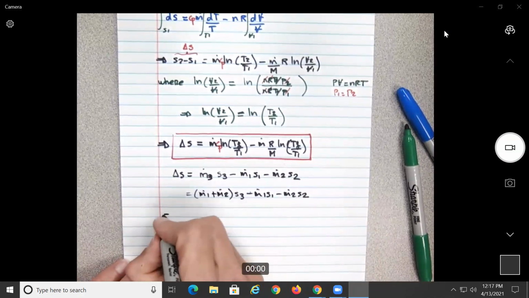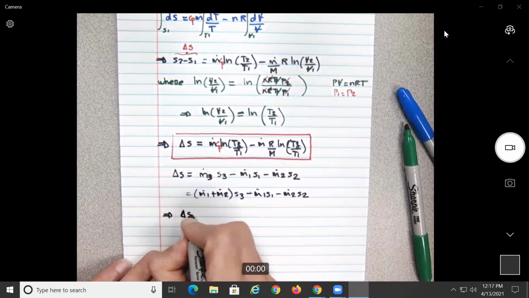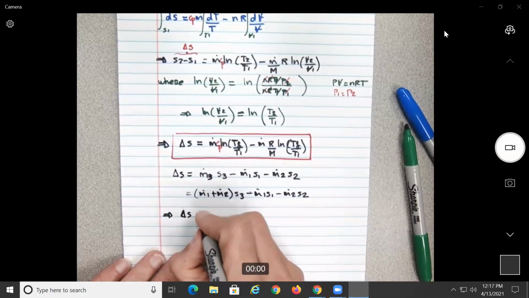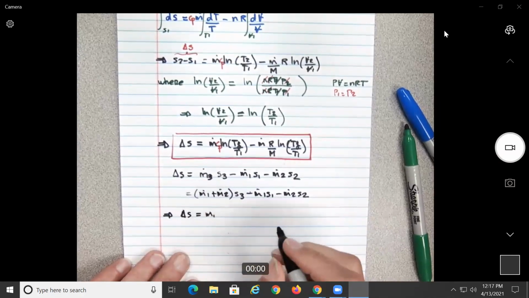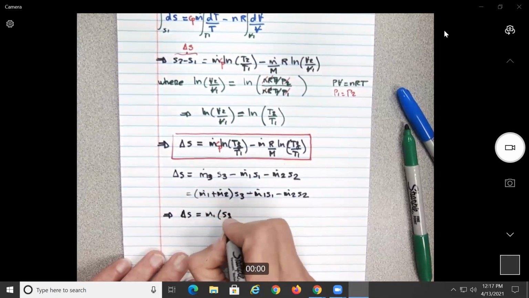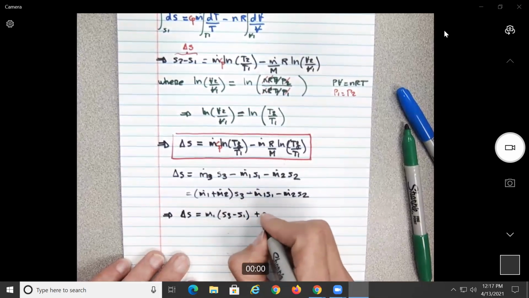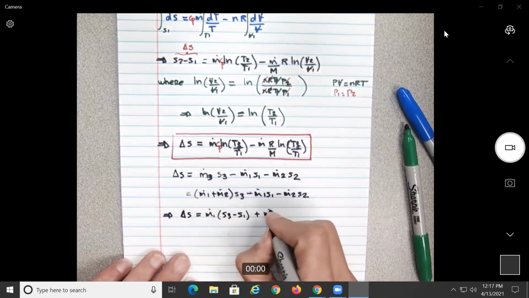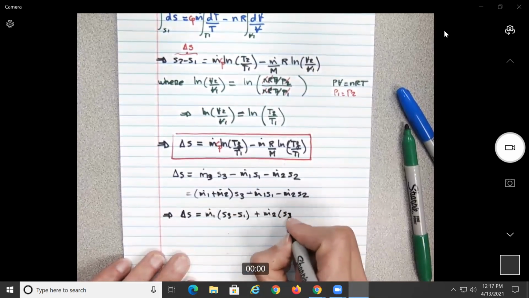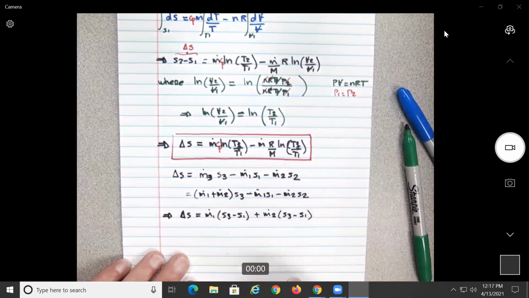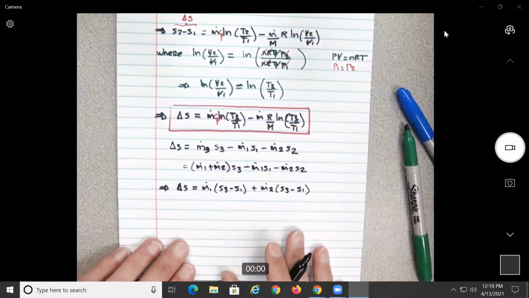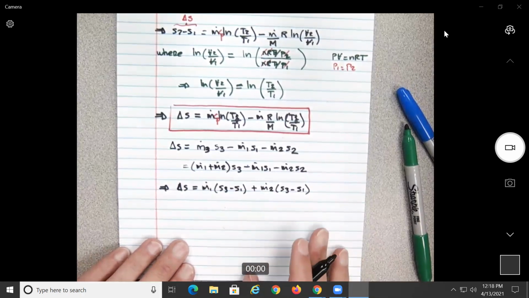We can rearrange this, and this will give you m dot 1 (S3 minus S1) plus m dot 2 (S3 minus S1). Now it's clear, no? At least to me. Does that make sense?